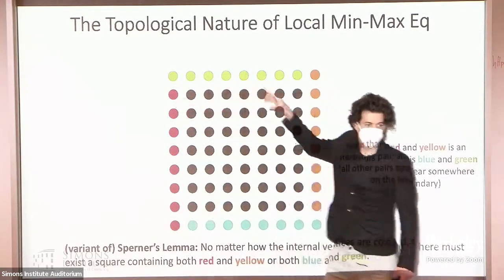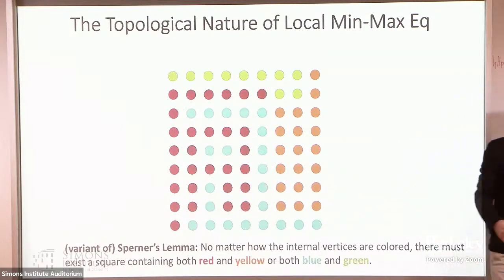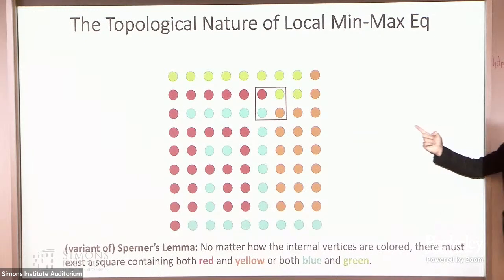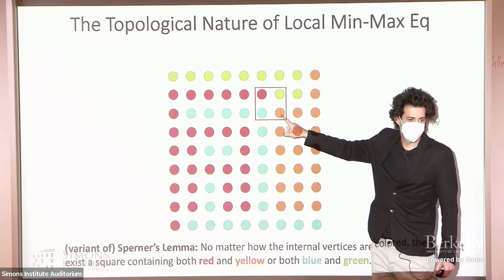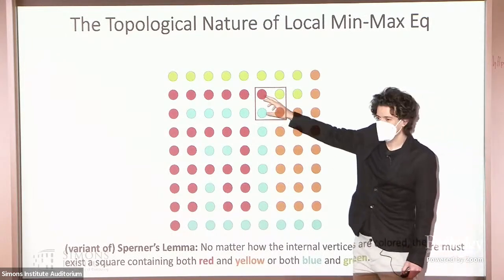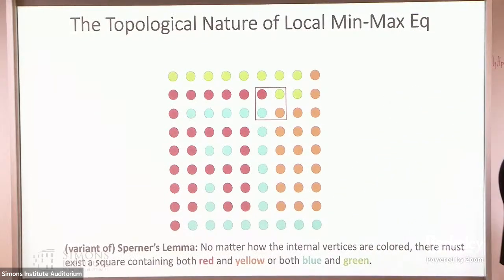So 4 out of the 6 pairs of colors come together at the boundary. The claim of the lemma is that the non-trivial ones will come together no matter how you color the inside. For example, if you were to color the inside in this way, there's a square where red and, okay, this is yellow, red and yellow come together, and blue and green come together.